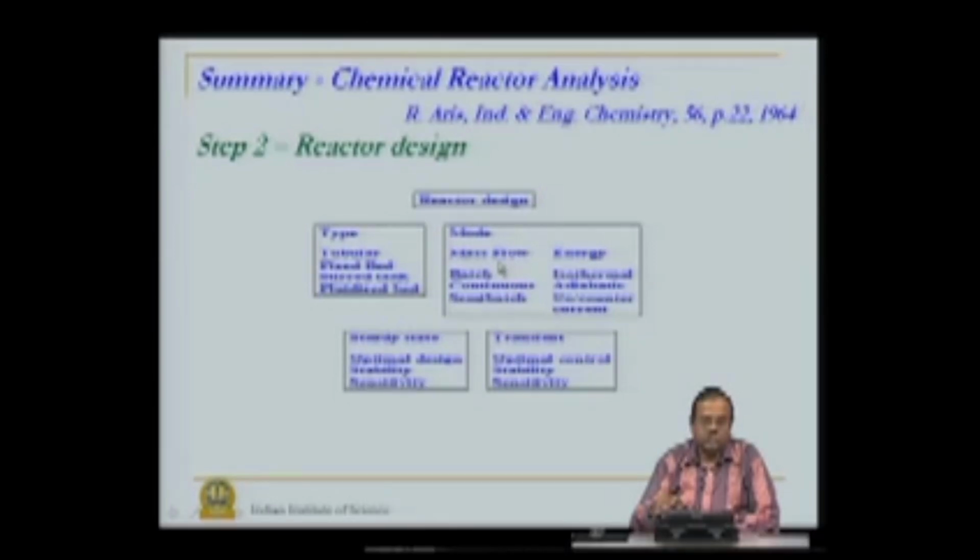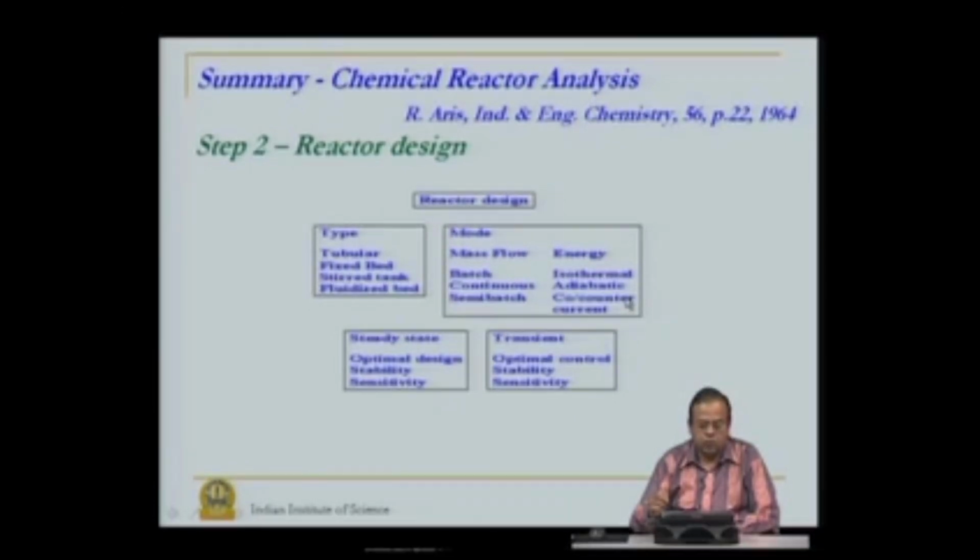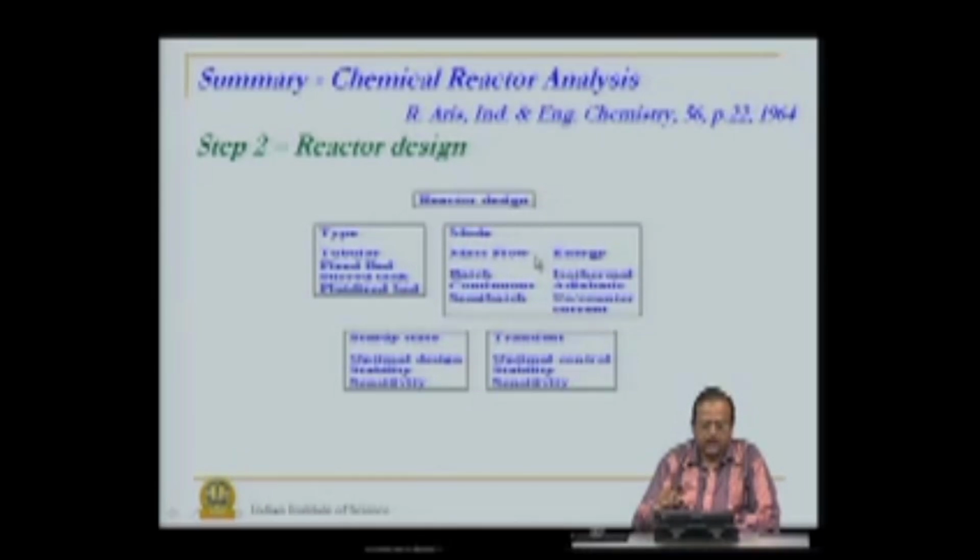So, do we use a batch process, a continuous process or a semi-batch process, or, based on energy, do we use isothermal processes, adiabatic processes, co-current or counter-current processes and so on. So, reactor design essentially deals with deciding on the type of reactor, how to operate it, and what happens when the reactor is operated either at steady state or at transient. These are some of the aspects of reactor design that we are going to focus on.